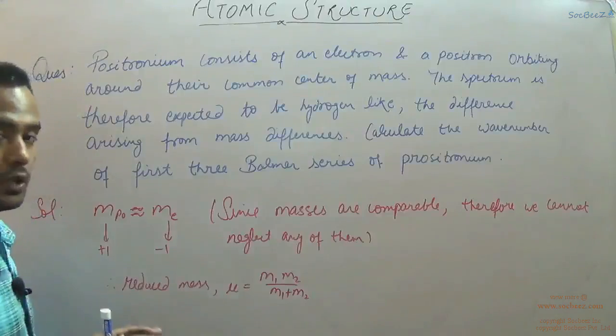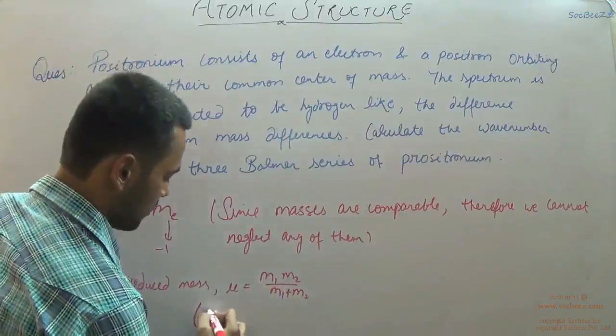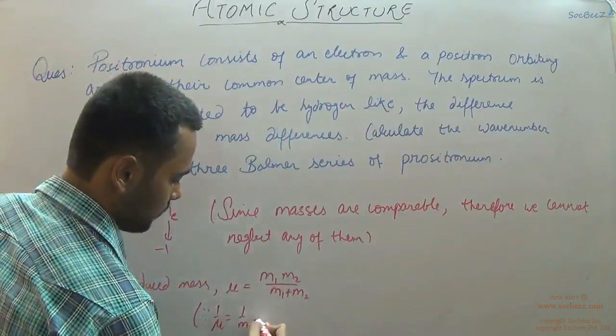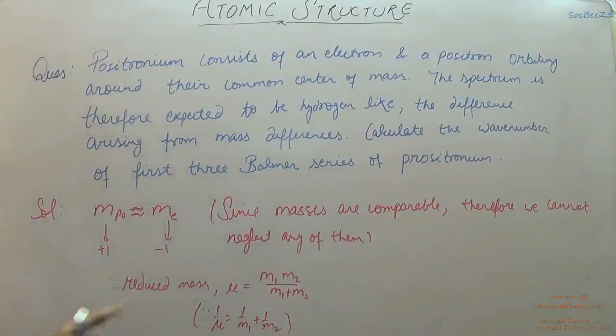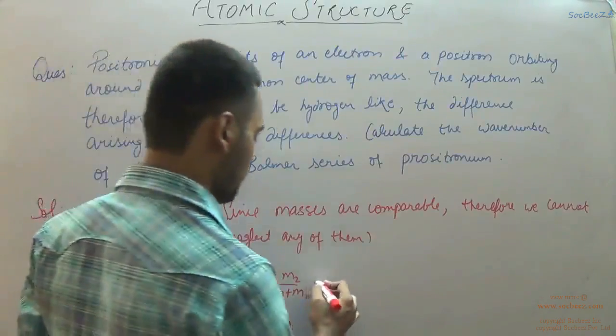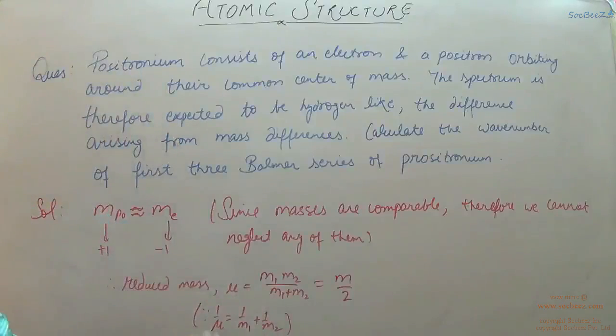We know that for two bodies, reduced mass is m1 m2 upon m1 plus m2, because 1 upon mu equals 1 upon m1 plus 1 upon m2. Since both the masses are comparable, it comes out to be m upon 2, where m is the mass of an electron or the positron.